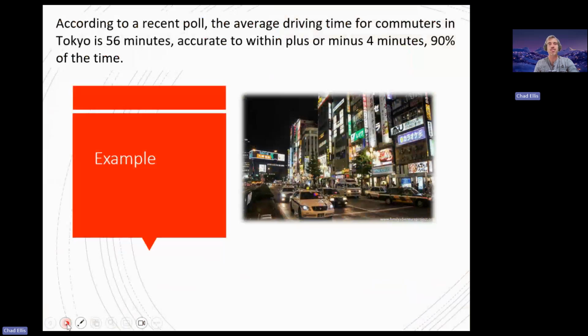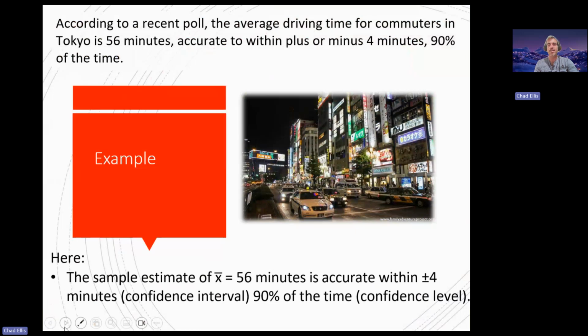So that's called the confidence level, how sure we are that that population value is going to fall within that confidence interval. So here's just another example. Imagine there's another study done, they go out and a sample is taken for a recent poll. The average driving time for commuters in, say, Tokyo is 56 minutes, accurate to within plus or minus 4 minutes, 90% of the time. Now, this is a common way that often the results of a study or a sample are expressed. So when you see something like that, you know that our sample estimate, our X bar, is 56 minutes.